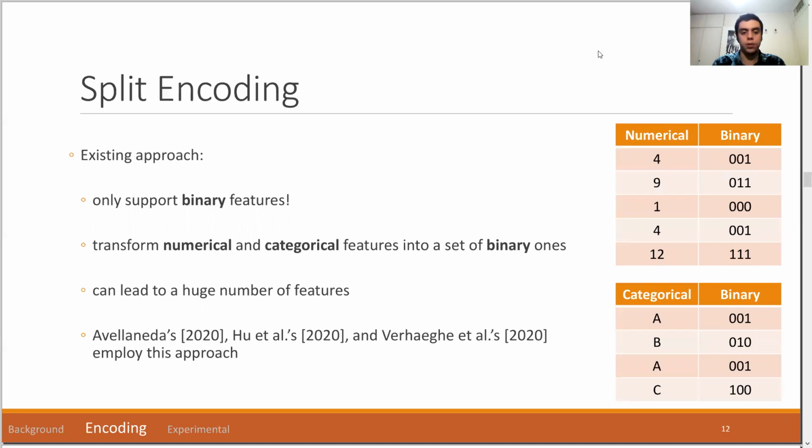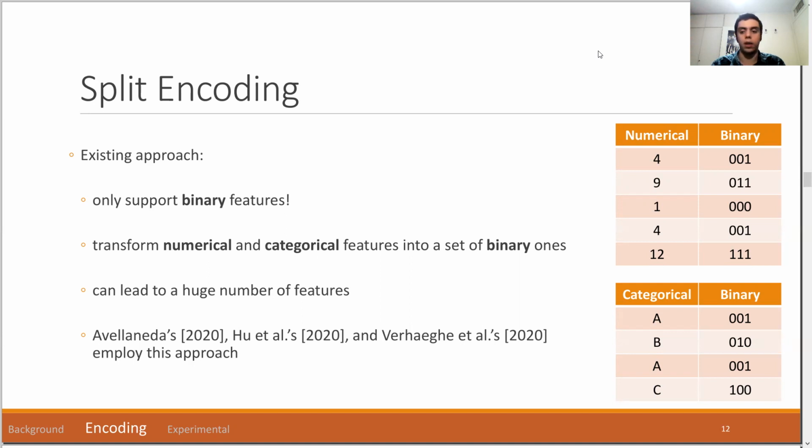There are multiple approaches for that, and the first one, which the baselines that we compare our results to use, is that they simply do not encode threshold. And they only encode features, they only support features that do not need thresholds at all. And those are the binary features. For binary features, if the value is 0, the point goes to left. If it's 1, it goes to right. There's no need for a threshold.